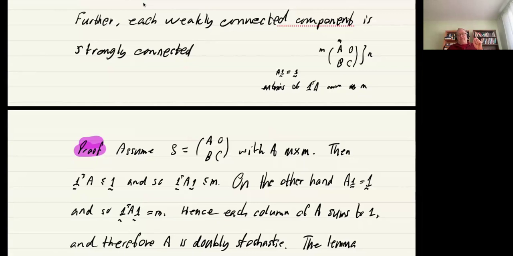So the column sums are less than or equal to 1, and the row sums are equal to 1. And by the fundamental theorem of accountancy, the sum of the row sums is equal to the sum of the column sums. Okay, so on the one hand, we have this, and on the other hand, we have this. Now, for them both to be true we must have equality here, and that implies that each column of A sums to 1. So B is 0.